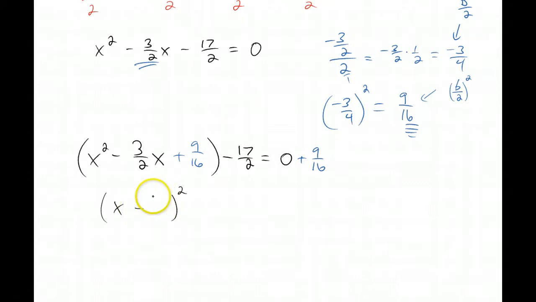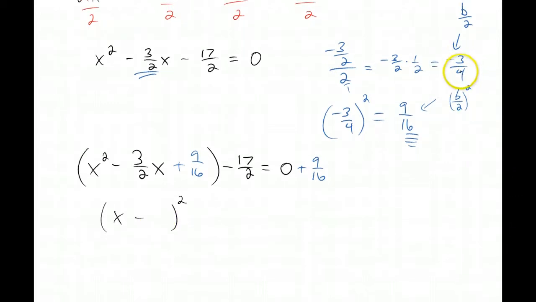Well, how do you know what that number is? As it turns out, the number that goes right here inside this perfect square is this b over 2 that we got earlier. So it's negative 3/4. So we have minus 3/4.